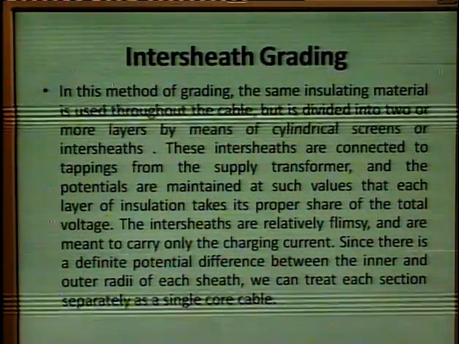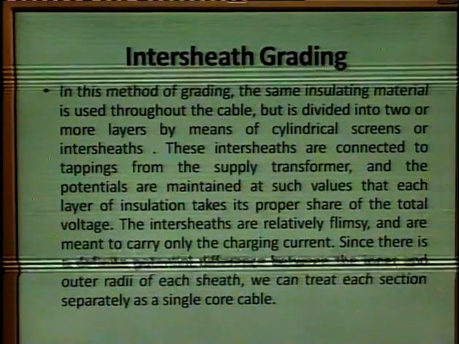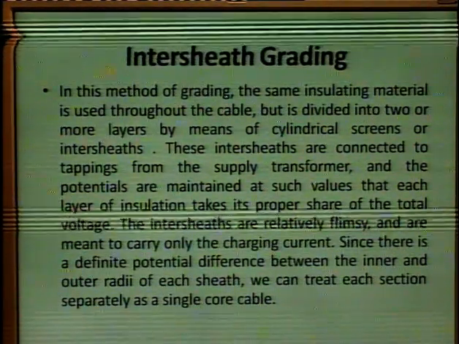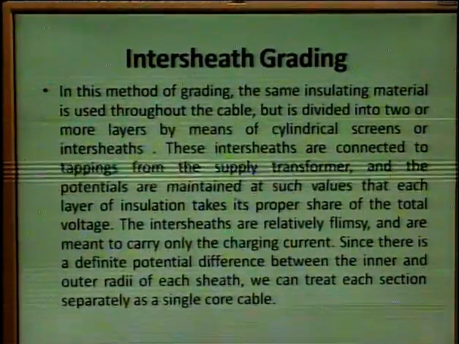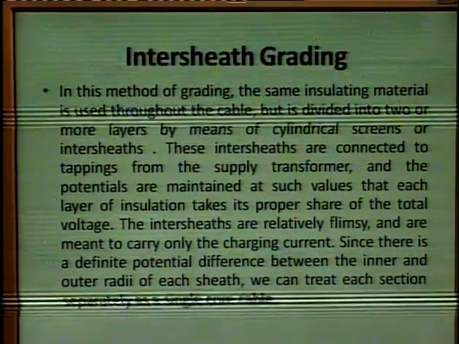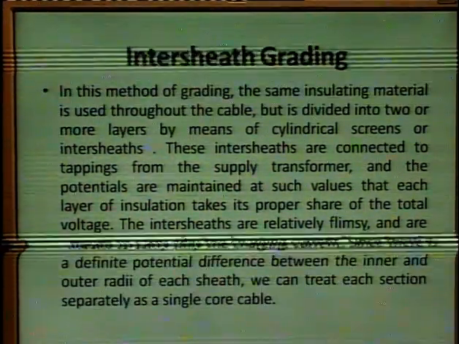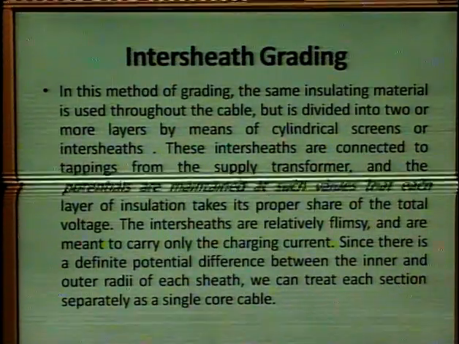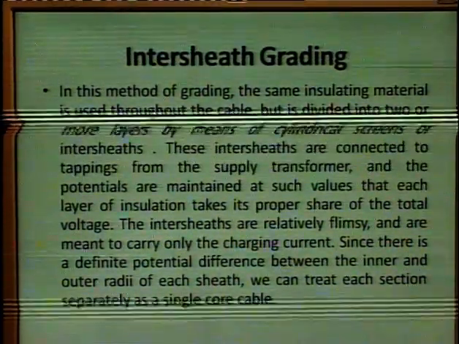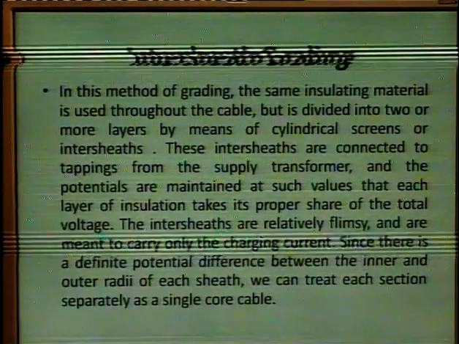The intersheaths are relatively flimsy and meant to carry only the charging current. Since there is a definite potential difference between the inner and outer radii of each sheath, we can treat each section separately as a single core cable.